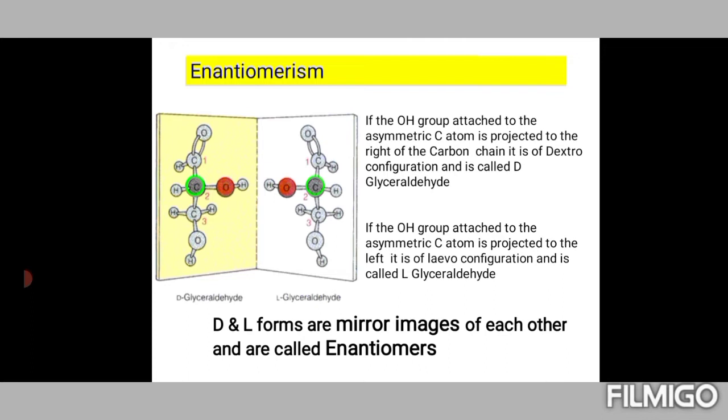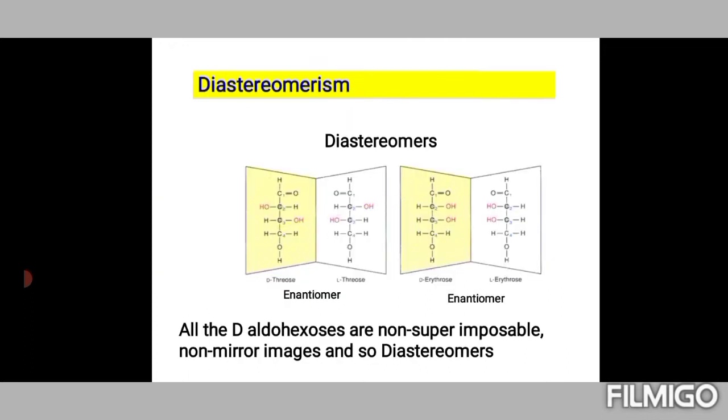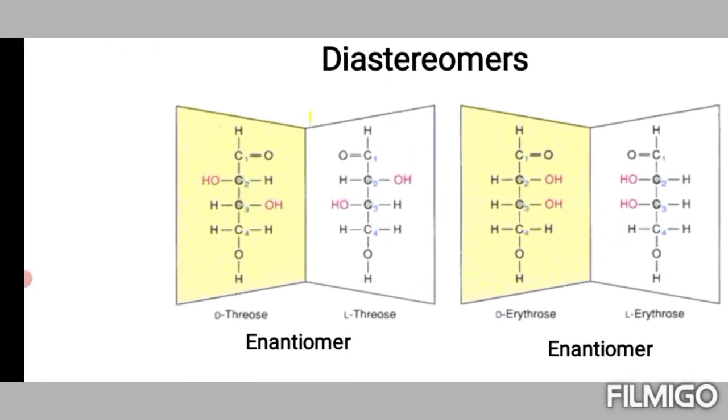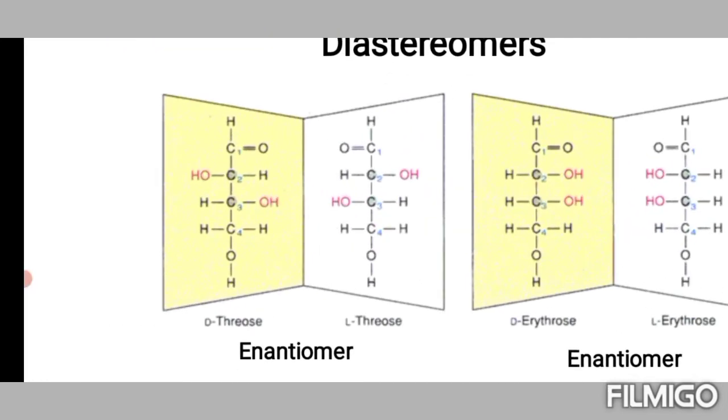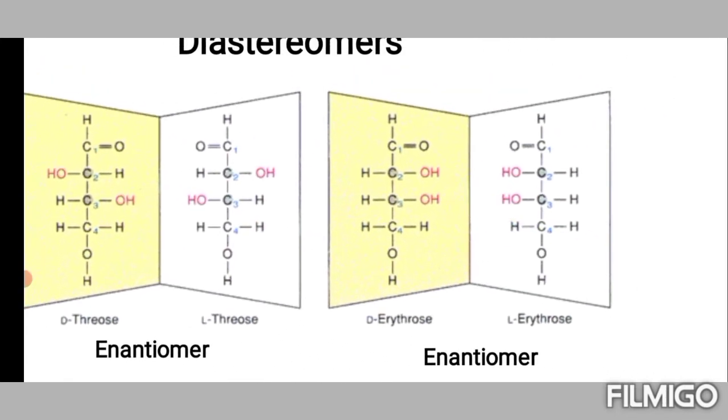Such compounds are called enantiomers. And there is another one, diastereomerism or diastereoisomers. This is when two isomers are neither mirror images nor superimposable. As you can see, the D triose and L triose are enantiomers, as well as D-erythrose and L-erythrose, which are also enantiomers.